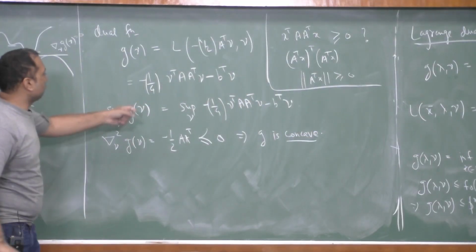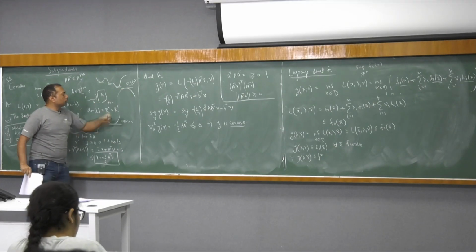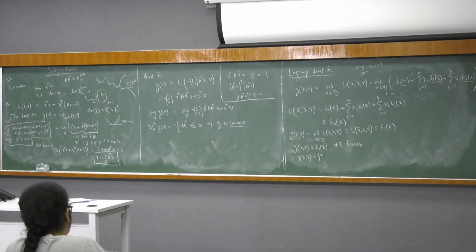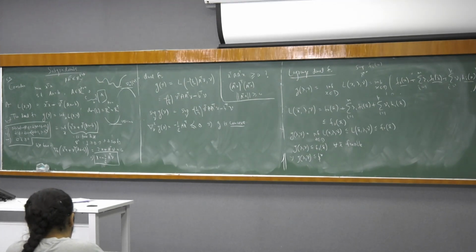Then since g is concave of this form, I will just take the gradient of g with respect to nu and equate it to 0. Okay, so if I do that, in this case the gradient will be A transpose nu minus b, and yeah, I think 1/2 will be there. And then we will solve for nu. Okay, so we equate it to 0 and solve for nu.